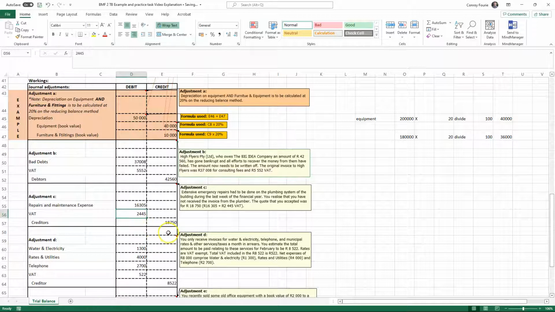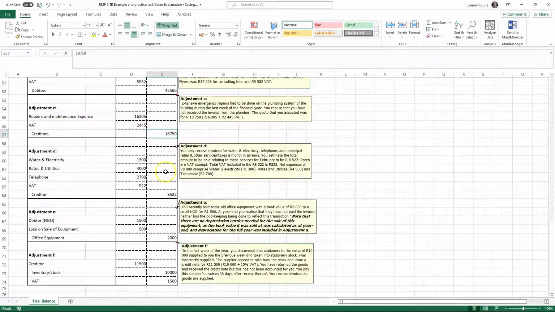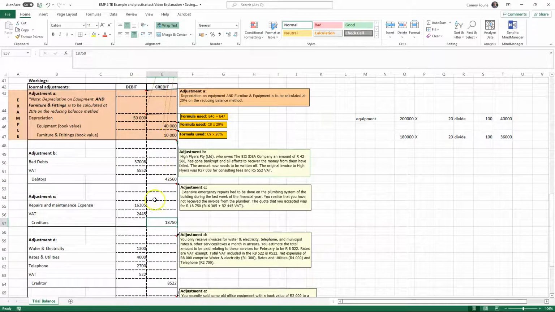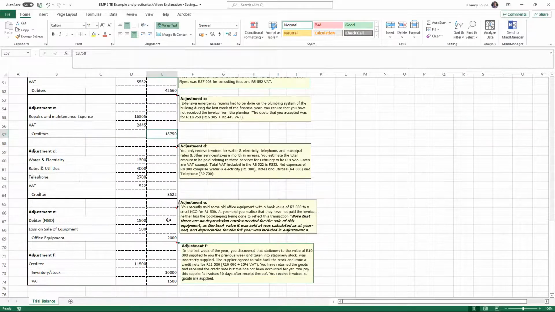We need to now deal with creditors. Creditor is increased here. Are there any other creditors? There's another creditor here. Oh, sorry, that was a debtor rather. Creditor over there, creditor over there, creditor over here, and a creditor over there.